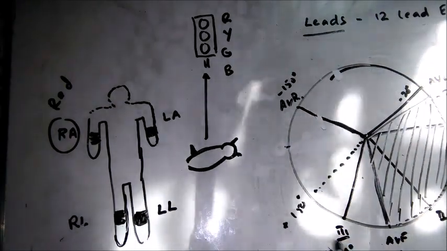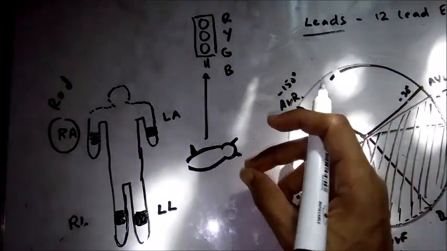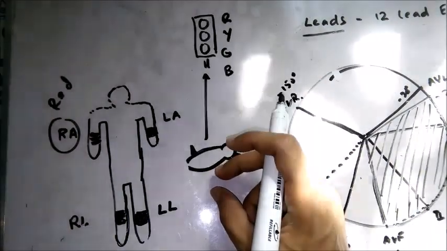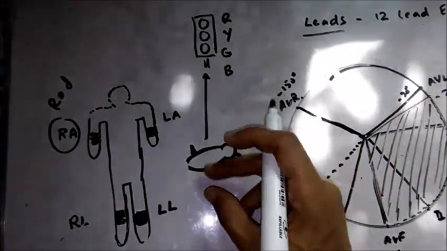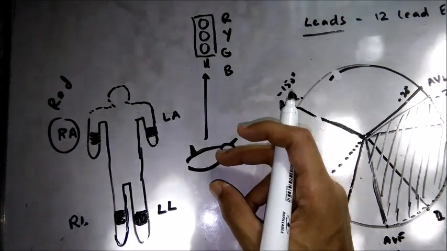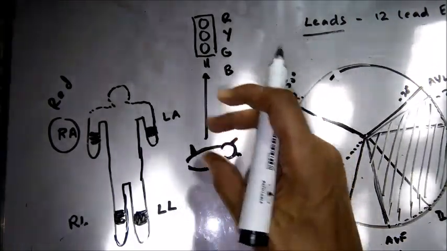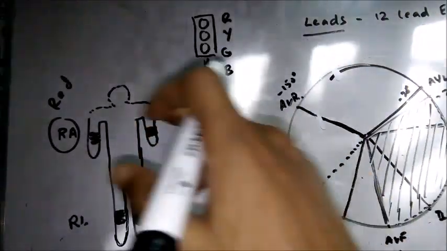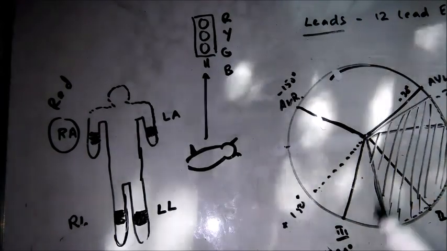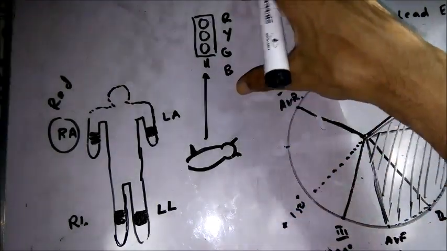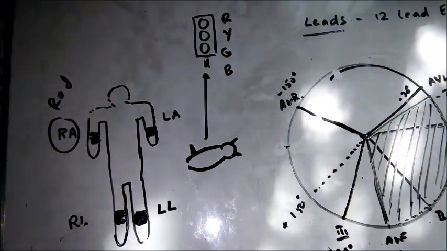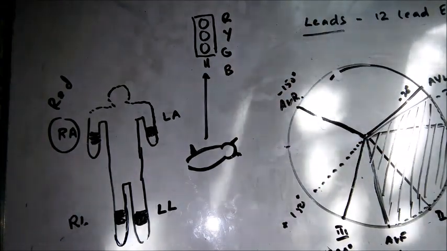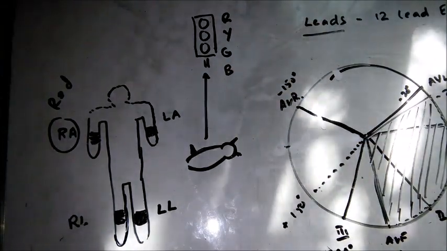Usually a clamp will have a label on it. So if a clamp has right arm written on it, then the right arm is where it needs to get attached. So the coloring scheme is important, but you should not completely rely on it, because it may differ.